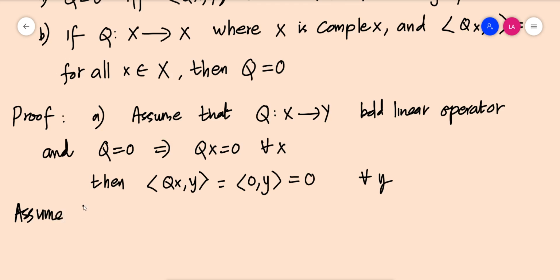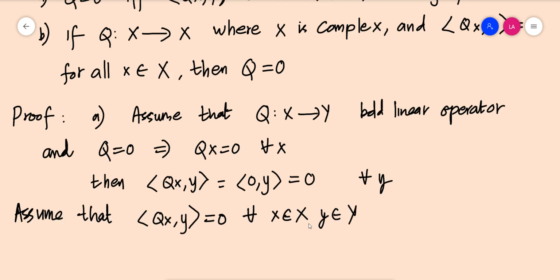Now assume that <Qx, y> is equal to 0 for all x element of X and y element of Y. Then by the previous lemma, which states that <x, y> is equal to 0 for all y implies x is equal to 0, we have already established this as Lemma 3.8.2.